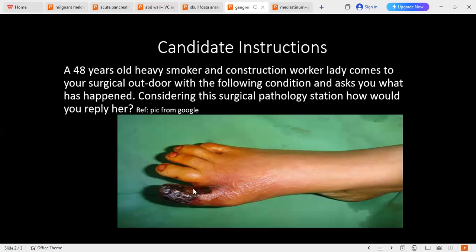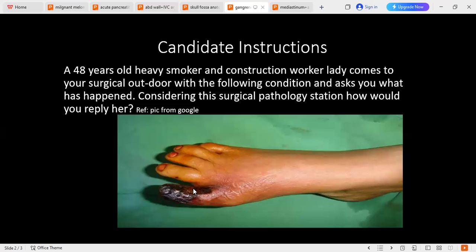And the kind of necrosis that you're looking at in front of you is an example of which type of necrosis? Ischemic necrosis, which means mixed between coagulative and ischemic necrosis. What is the difference? Because you mentioned this is the dry type of gangrene, what is the difference between wet and dry gangrene?